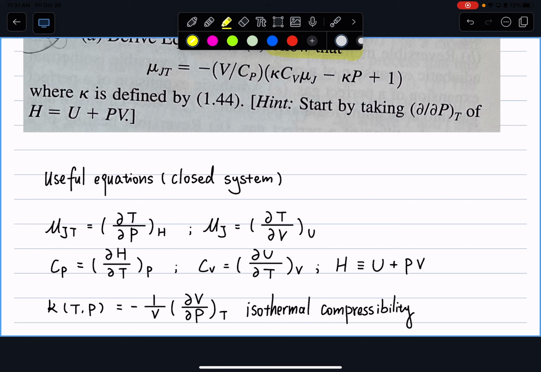So we have chi, by definition, equals 1 over V times the partial derivative of V with respect to P at constant T, or we can write the partial derivative of V with respect to P at constant T equals chi times V. And we plug this chi V in here, and this term becomes P chi V.